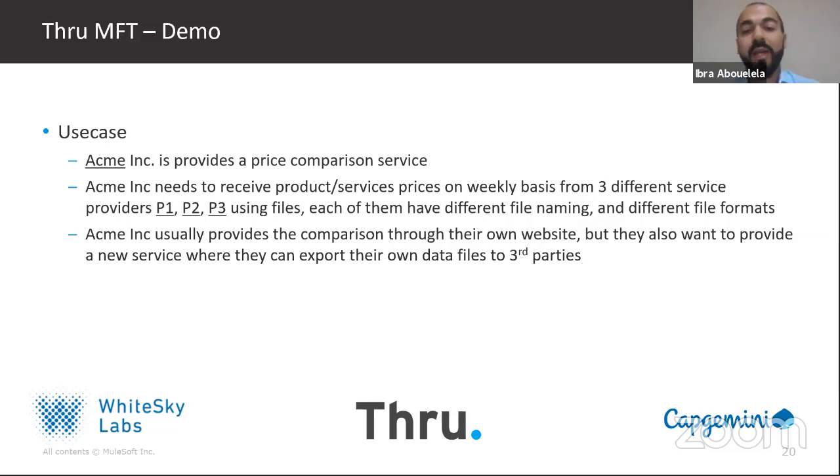Acme Inc. would also like not just to provide these comparisons through its website, but also to provide this data to consumers or third parties through files. So it's going to be processing these files and then sending the enriched file to the consumers.